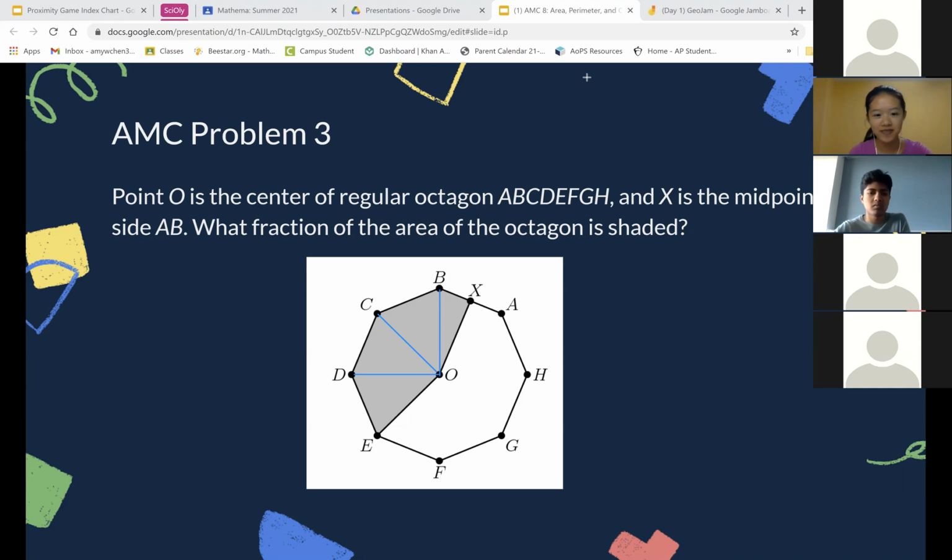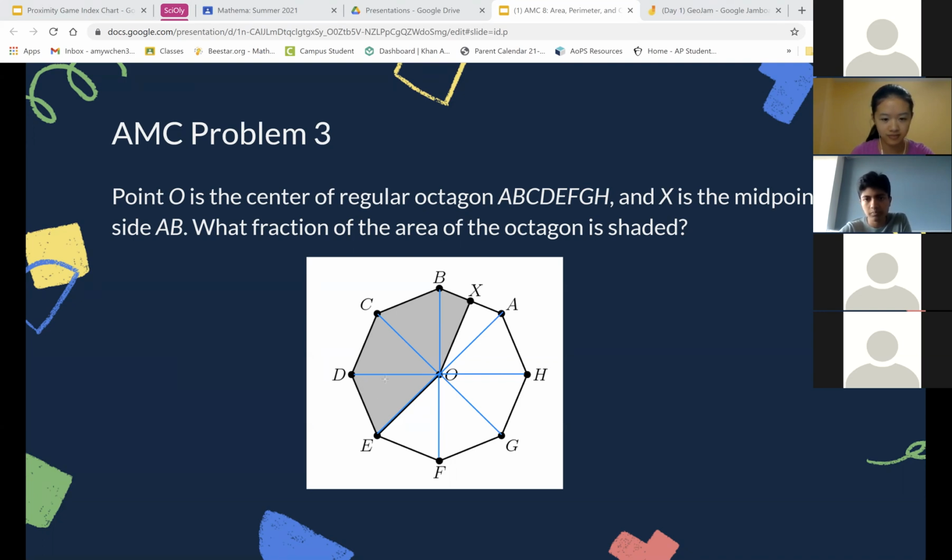Sure. You can show it now, because it looks like some people have answered already. What I did is there are 8 triangles that make up an octagon. Each point is perfectly on one point or between 2 points.